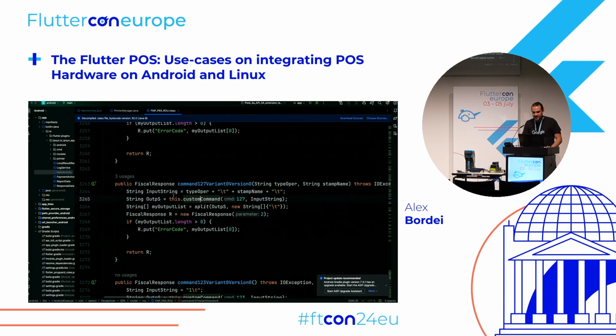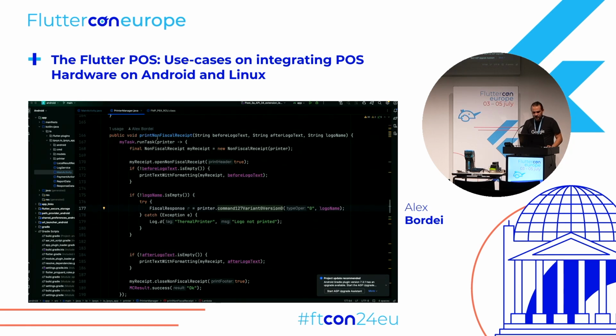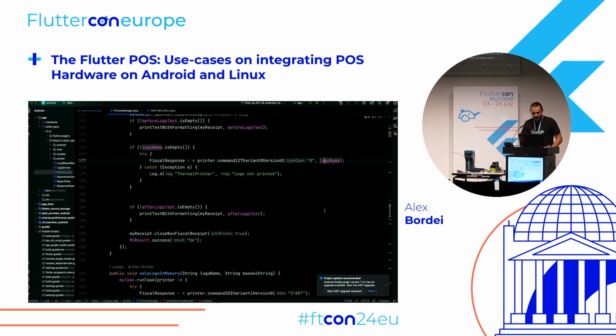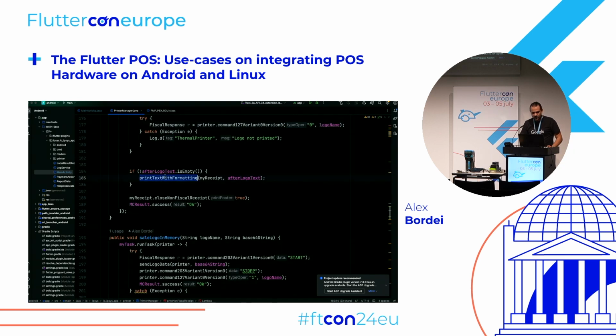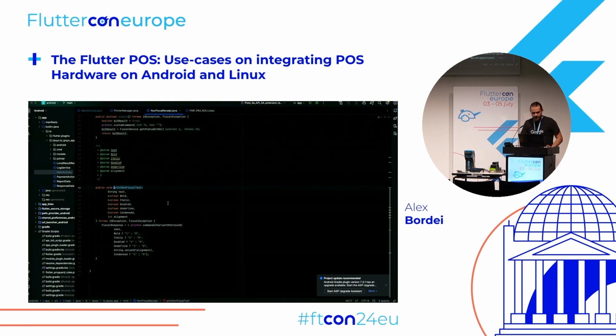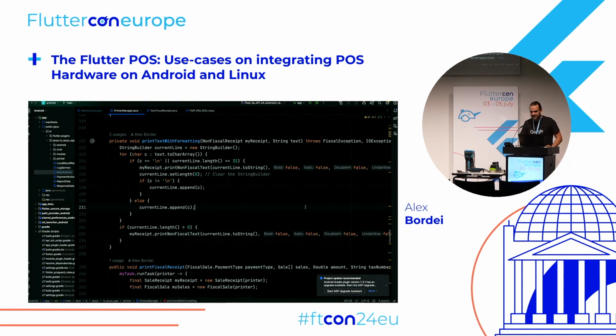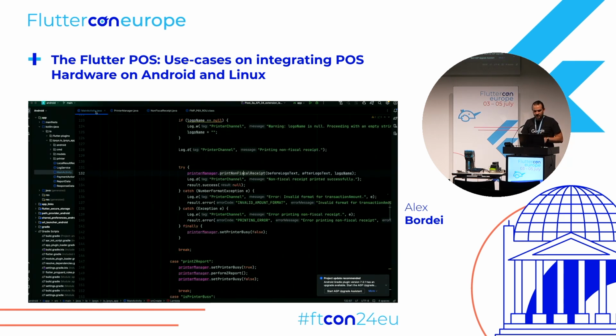This is the command that splits the data and prints over the printer. But my job was to send this data here, like the logo name, and also print text with formatting, which goes for sending this data to the intent. So on Android, we have the intent level.